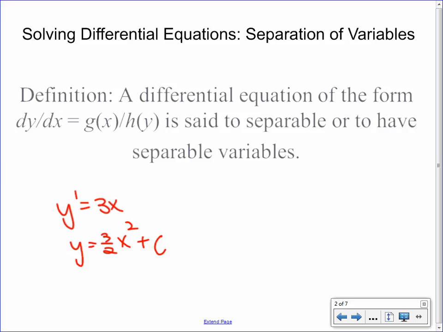Okay? So, if we have a function in terms of x and a function in terms of y, either multiplied or divided on the right side, then it's called a separable differential equation, and we have to separate our variables.